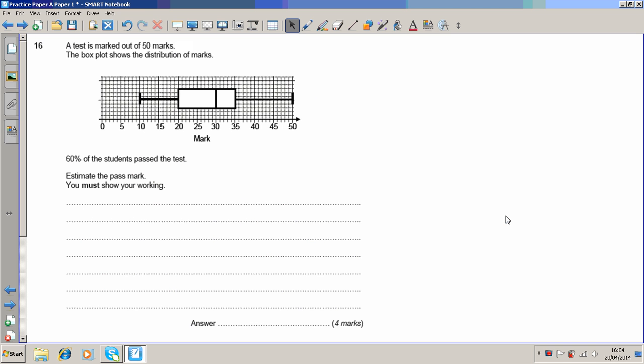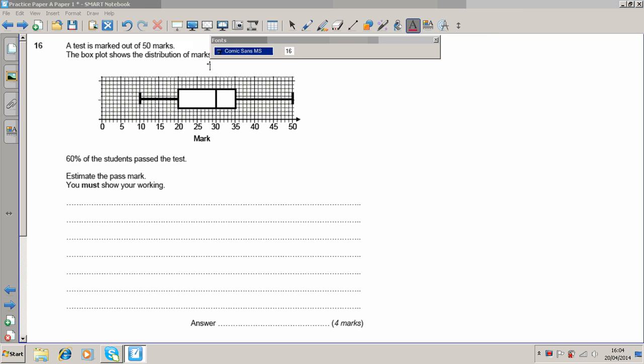Number 6, a test is marked out of 50. 60% of the students pass the test. Estimate the pass mark. You must show your working. Okay, so essentially your median is your halfway point.